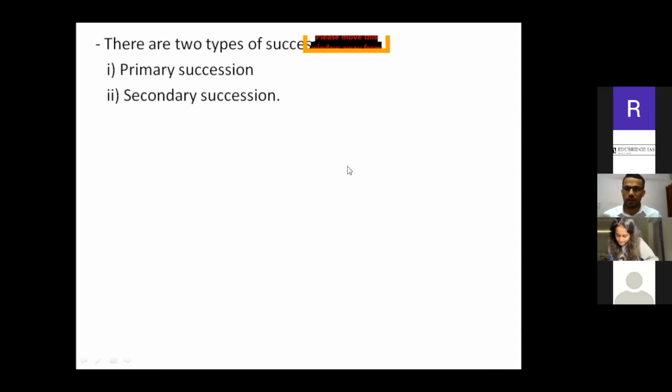Next arrow. So now I'll be using one very specific word.